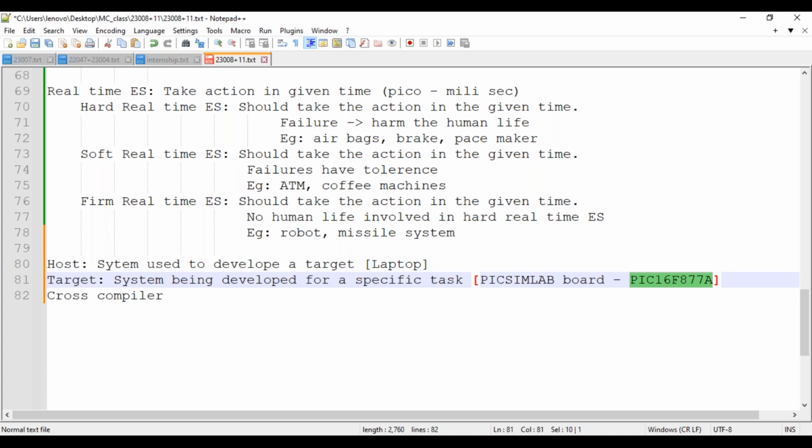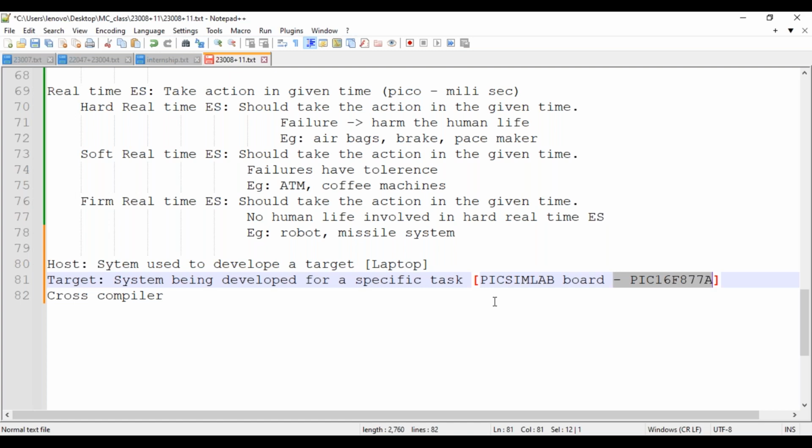That is the only reason. Apart from that, there is no specific reason for choosing this microcontroller. Whatever you study from here onwards gets applied to any given microcontroller, and just for the sake of example we are choosing the PIC16F877A microcontroller. So that is your target board.